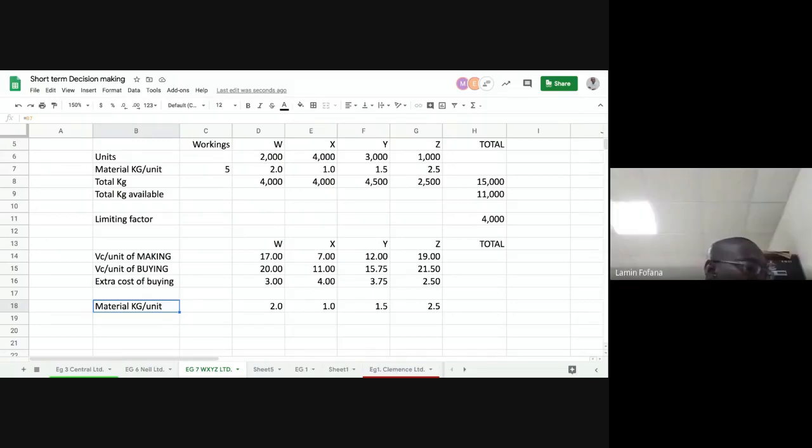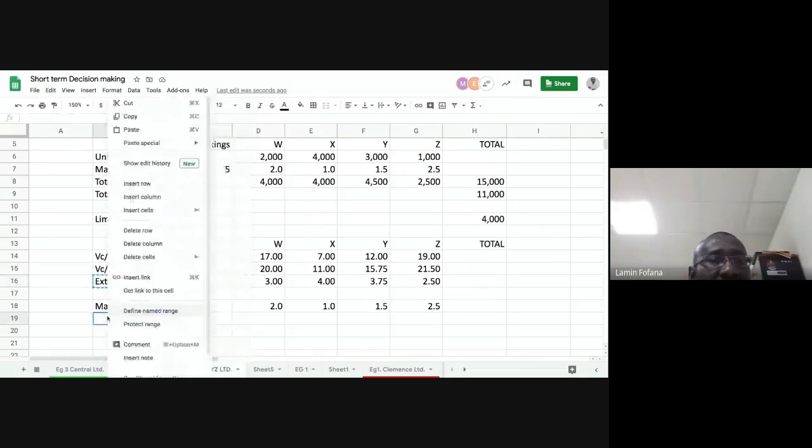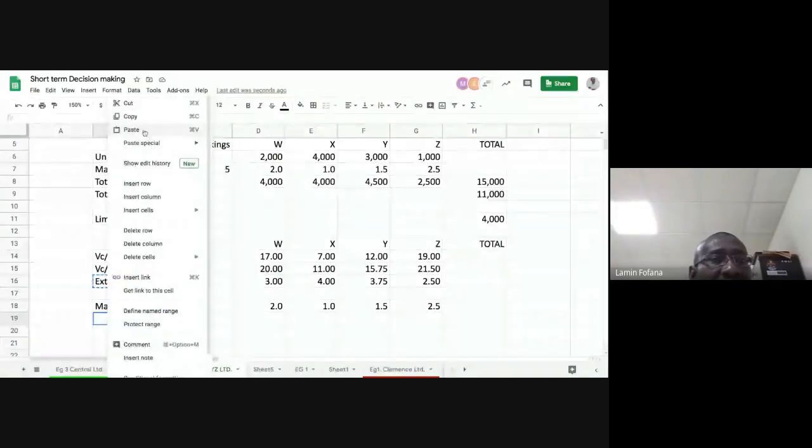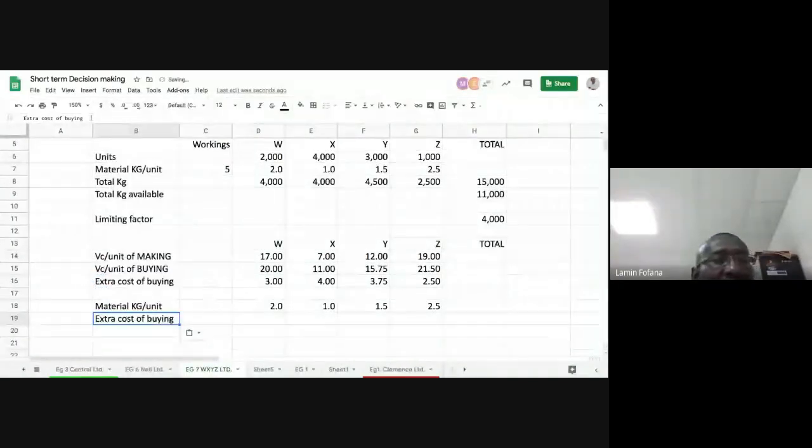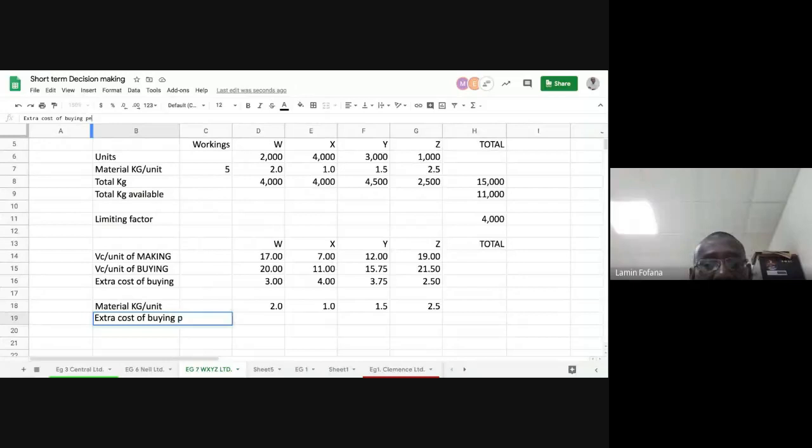Okay, excellent. So now let's calculate our extra cost of buying per kilo. So we have our extra cost of buying. Just paste that. If something is available, why do you have to type it again? So extra cost of buying per kilo.